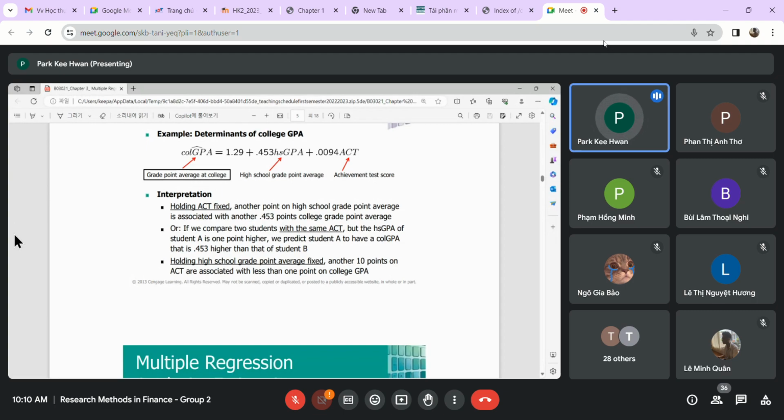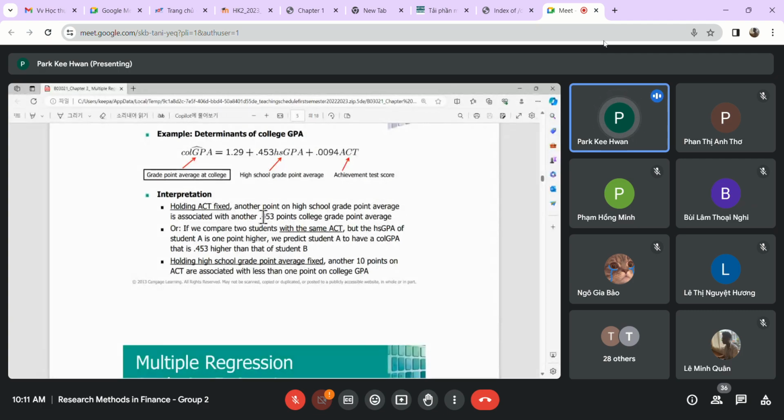So if you have another point on high school grade point average, holding achievement test score fixed, another point on high school GPA is associated with another 0.453 points of college GPA.